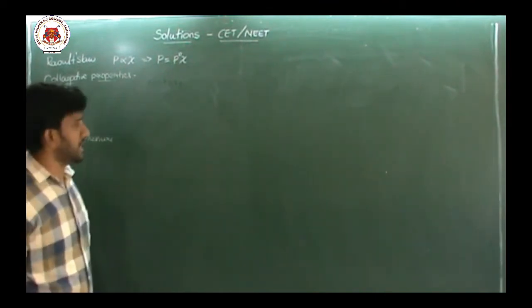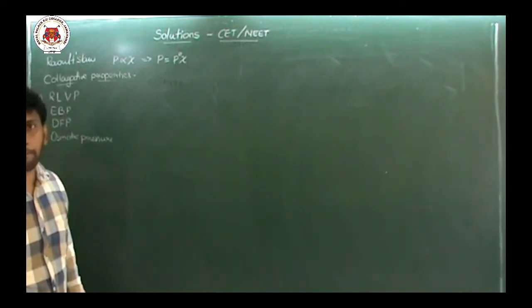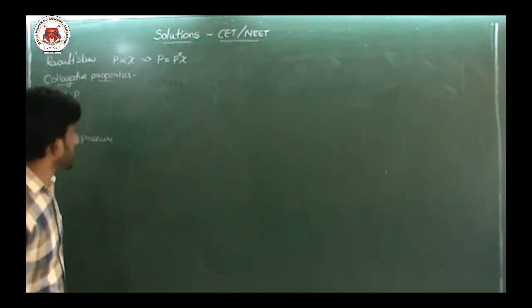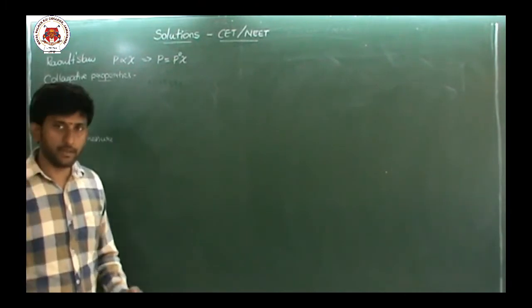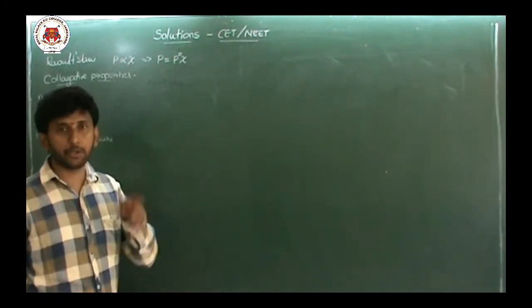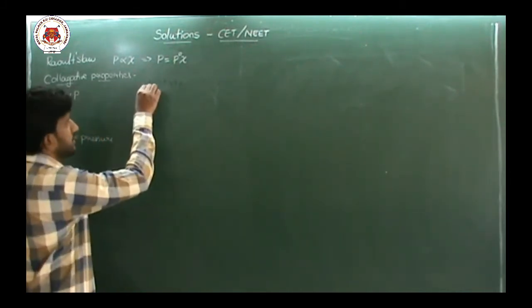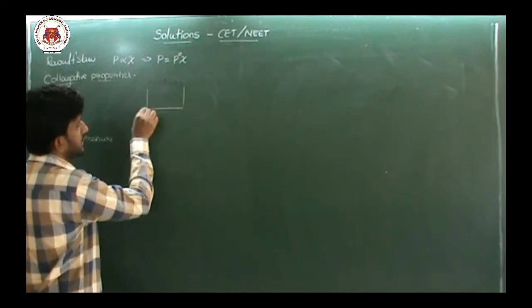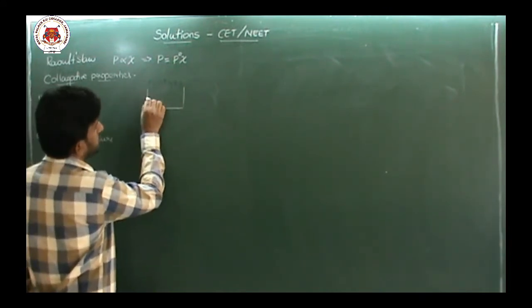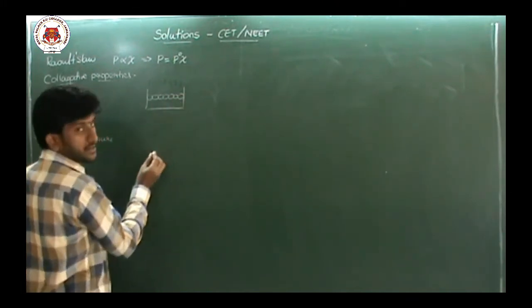Now what is RLVP? Relative lowering of vapor pressure. Basically, when a non-volatile solute is added to solvent, okay? I told you in the previous diagram like this. Assume that this is pure solvent and solvent is volatile in nature.